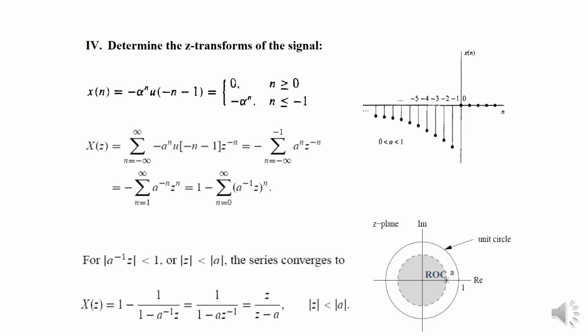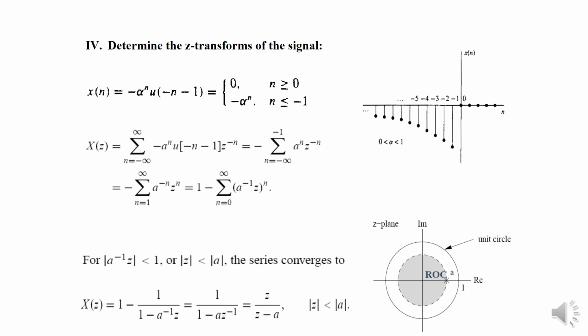If you substitute n equals 0, what we get here is minus 1. So we add minus 1, and in order to cancel that out, we add plus 1. Therefore this changes to 1 minus sigma n equals 0 to infinity of a to the power minus 1 z, the entire thing to the power n. I have shown you this in the DTFT also, so take a look at that one as well.